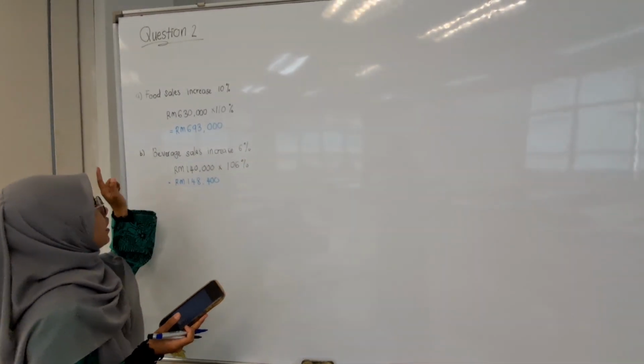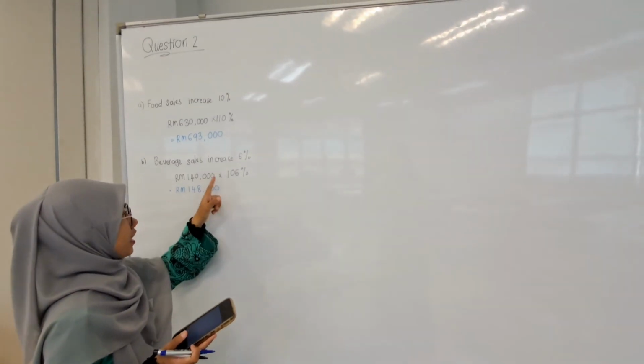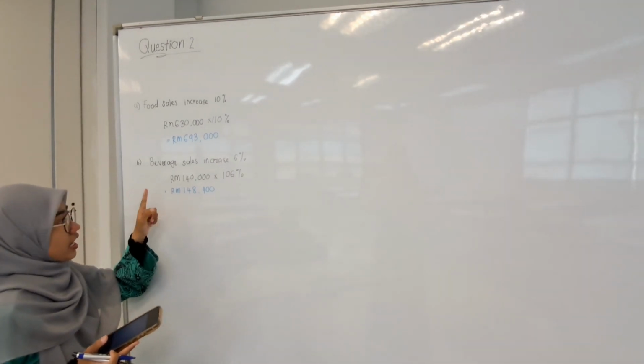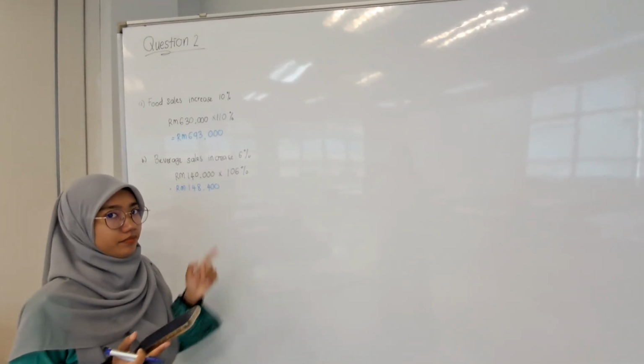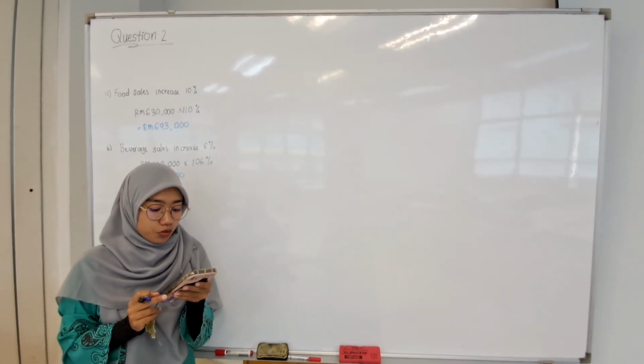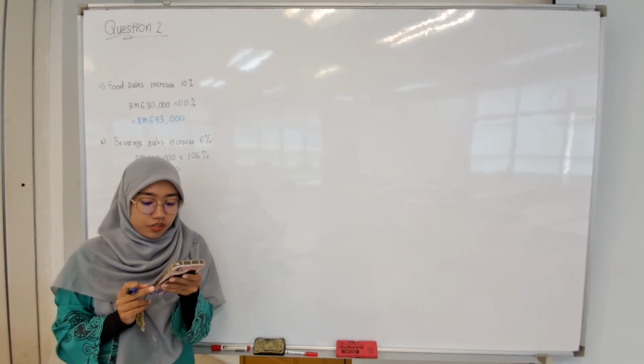We take beverage sales in the current year and multiply by 6%, and then we get this answer for the upcoming year. Now we continue question C, which is food cost percent and beverage cost percent will remain the same.